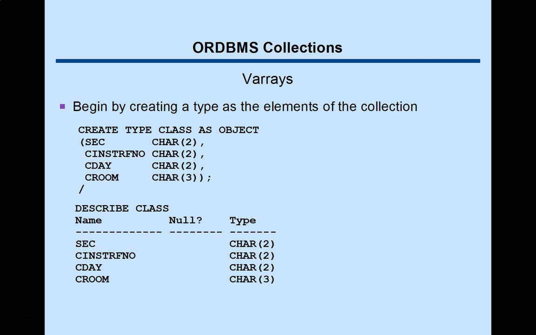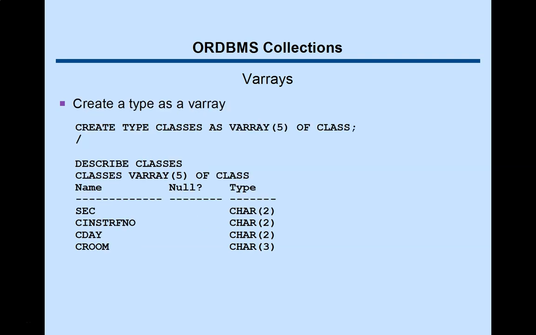Note that we're reverting back to spelling class with a C. This is to be able to distinguish our V-array from our nested table, which we spelled with a K. We then create the V-array type. We say create type, we call it classes, and we say that it will be a V-array of up to 5 instances of a class object.